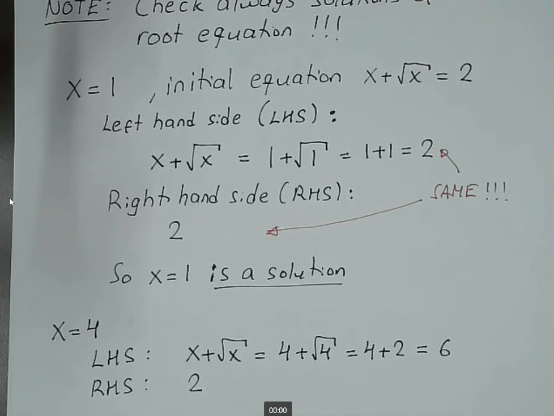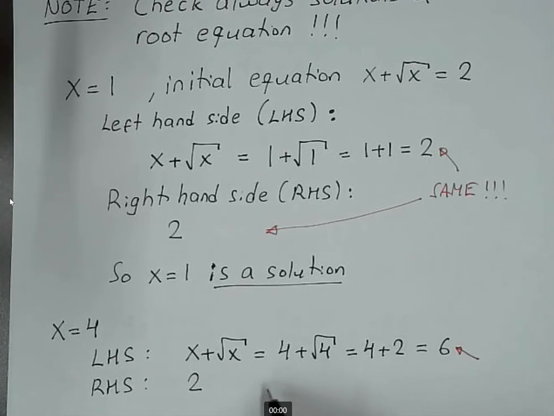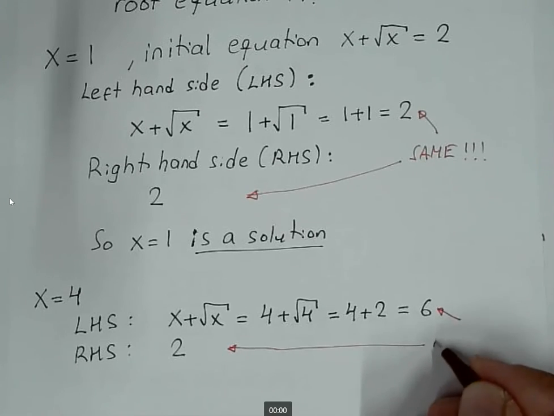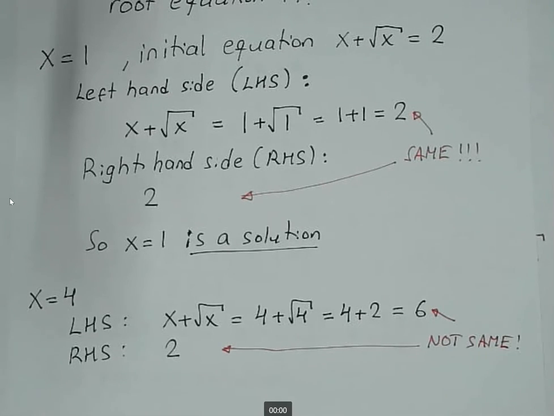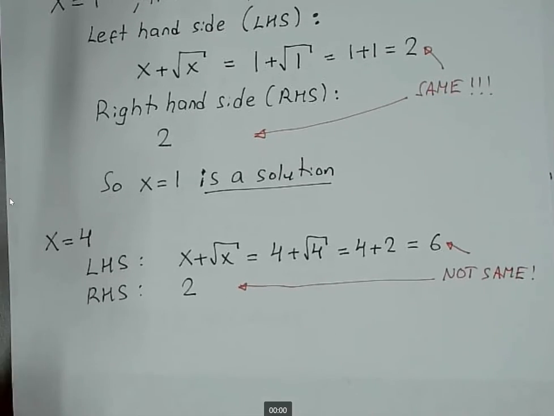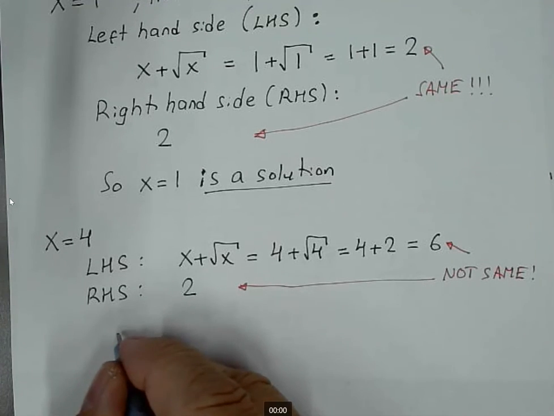And now we see that these are not same. And that means that this x value of 4 in the place of x is not a solution for this initial equation.